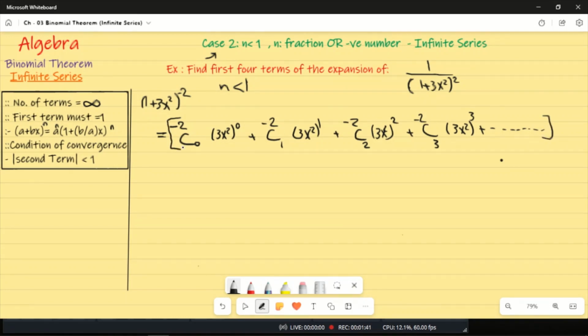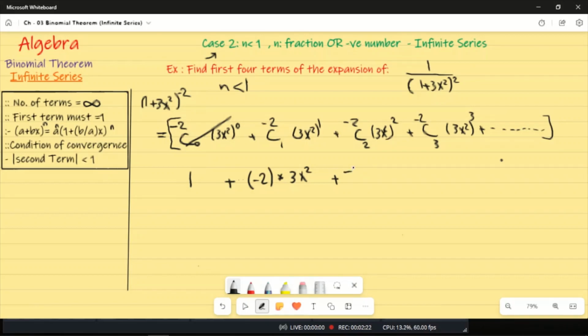We have here negative 2 combination 0, so this will be 1, plus negative 2 combination 1, n combination 1 equals n, so we have negative 2 times 3x squared, plus negative 2 combination 2, so n combination 2 is n into n minus 1 by factorial of 2.